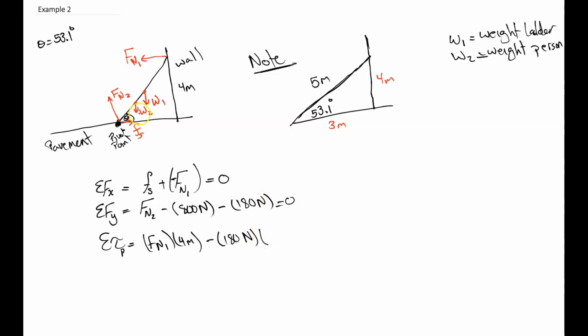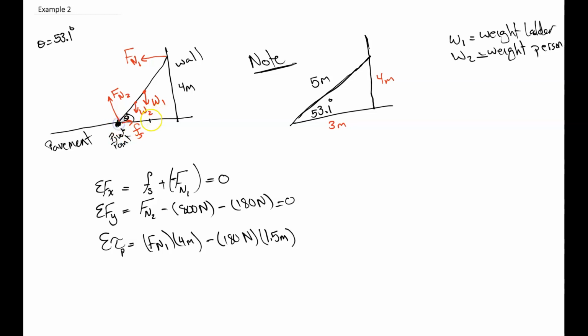Now, if the ladder is halfway up, then this is going to be 2.5, which means that half of the 3 is going to be 1.5. This would be 1.5 meters is the distance that's vertical from here to here.